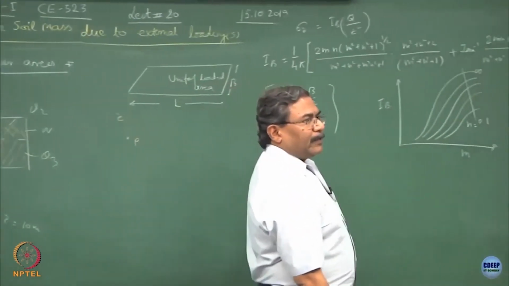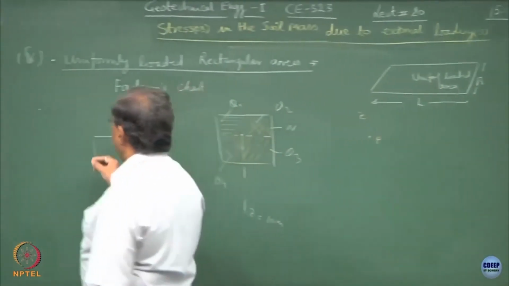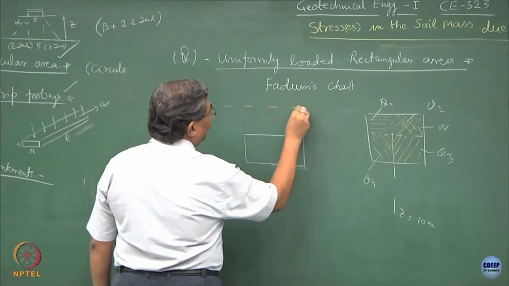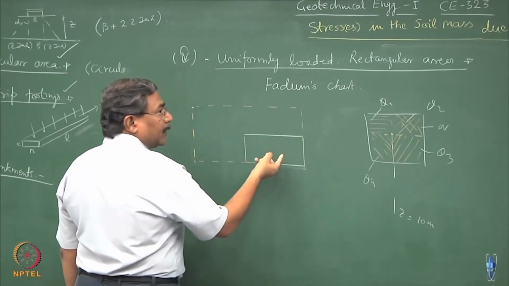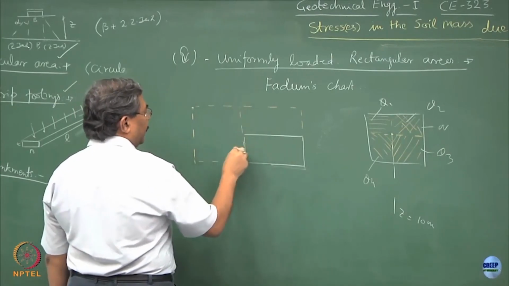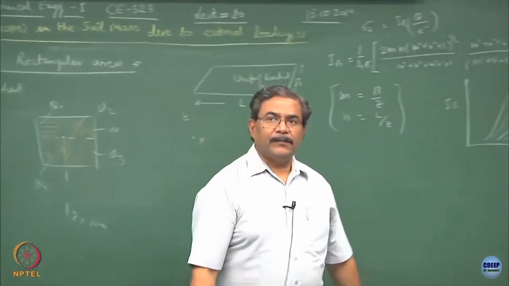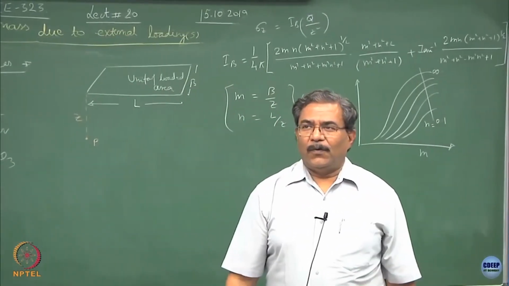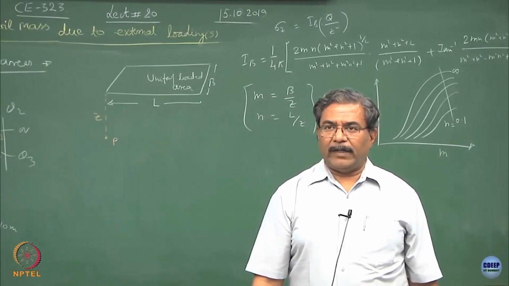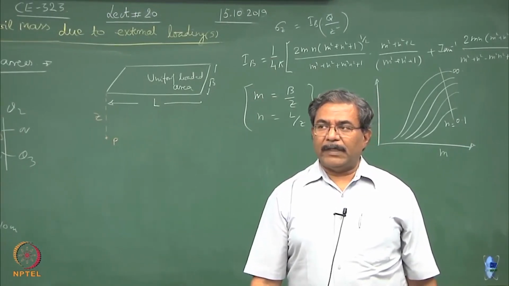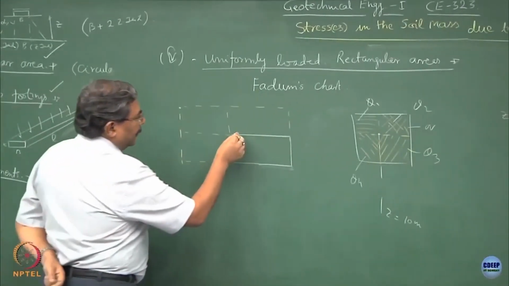Do a bit of geometry, is this okay? So, I can do it like this. I have made this section a subset of a bigger square and I can solve it. Apply your mind a bit and try to understand in what way the context of the application of Fadam's chart has changed. The loaded area is only this much, agreed?